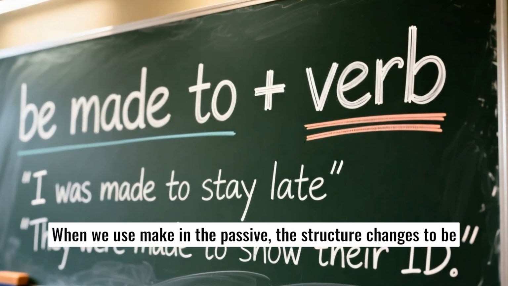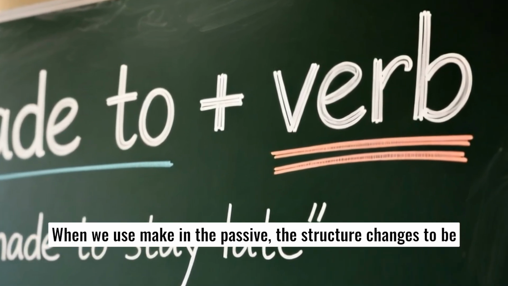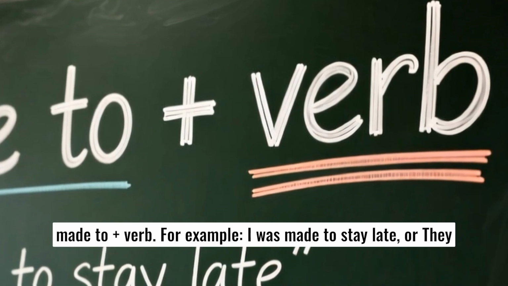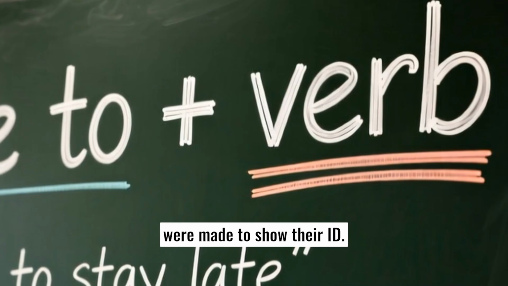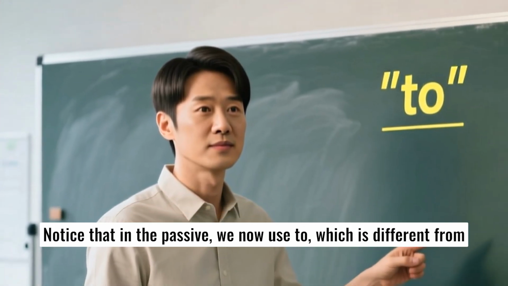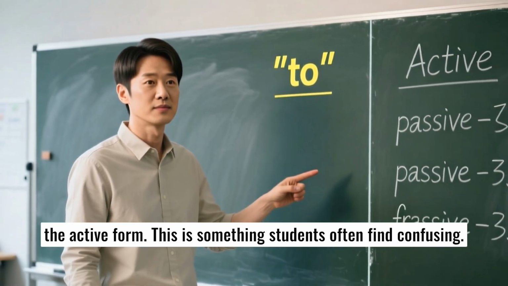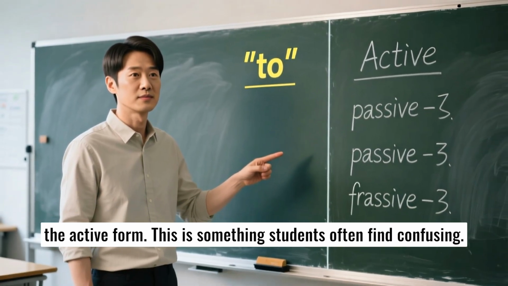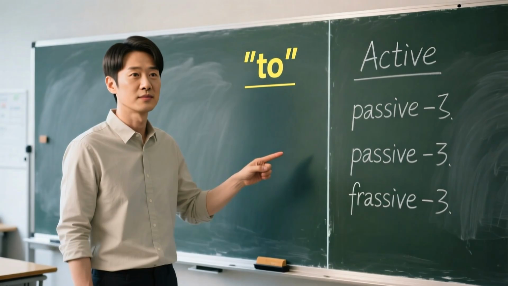When we use make in the passive, the structure changes to be made to plus verb. For example, I was made to stay late, or they were made to show their ID. Notice that in the passive, we now use to, which is different from the active form. This is something students often find confusing.